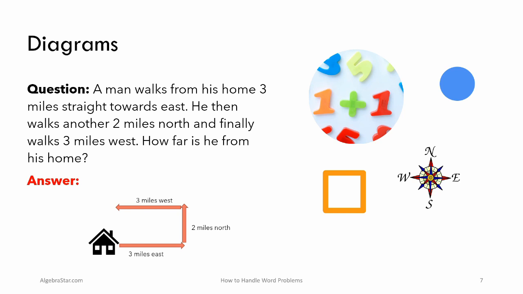And now we have to find how far he is from home. And with this diagram, it's so easy. You can clearly see that he is simply 2 miles south from home. So diagrams are really important to understand word problems, and it just helps you to solve it.